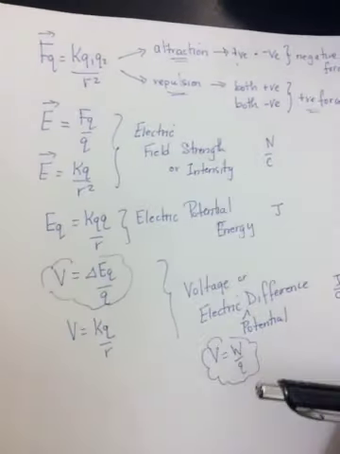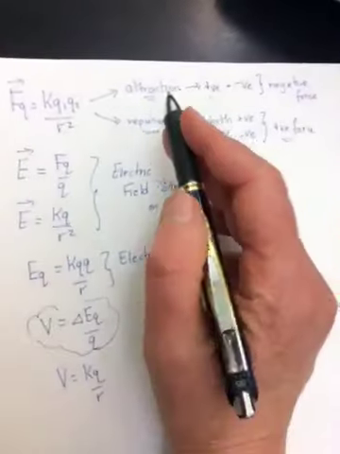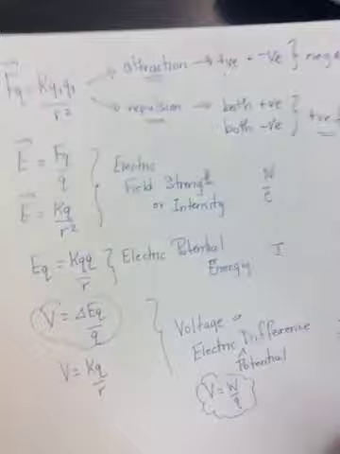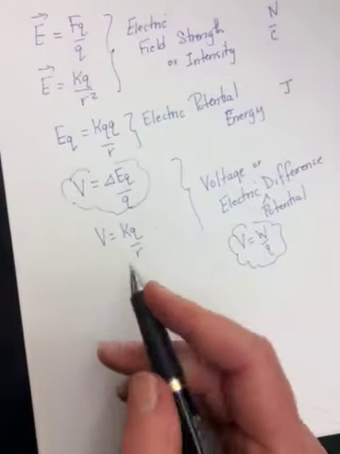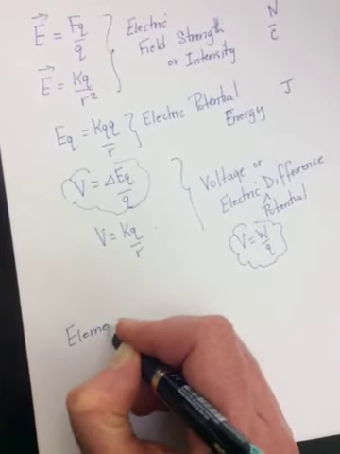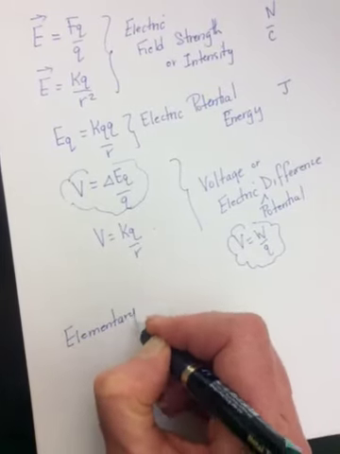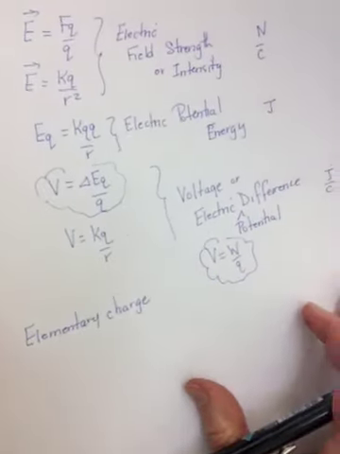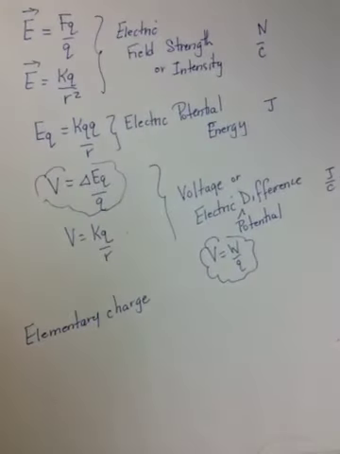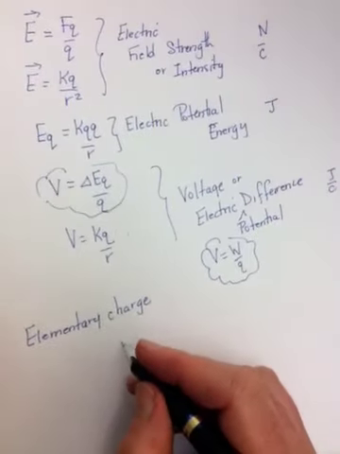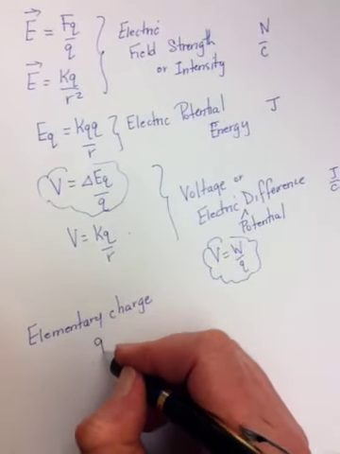Okay, so the two things I'd forgotten to get to for the first half of the class were talking about the attraction and repulsion thing, and the second one was talking about an electron or a proton. They are known as elementary charges, because back when they were first figured out in the early 1900s, the physicists thought they were the smallest possible unit of charge.